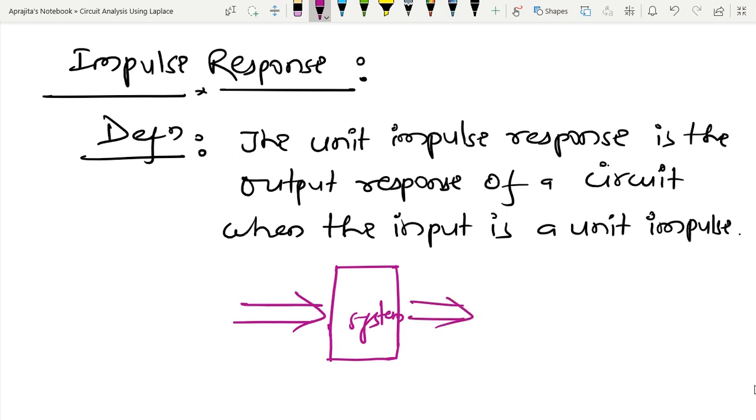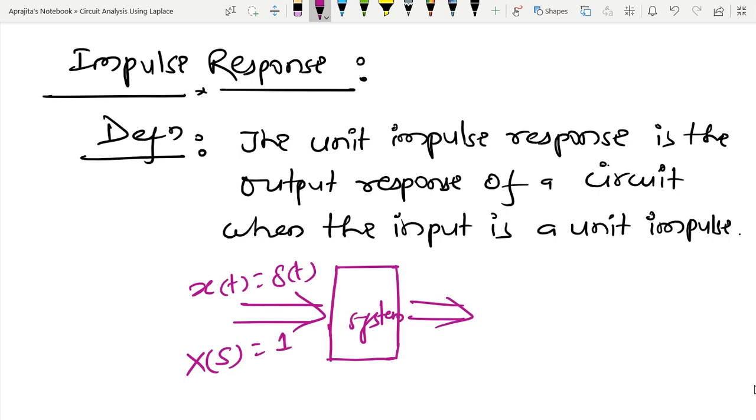And whatever input x(t) I apply, that is the unit impulse function in time domain, and we know that after applying the Laplace transform, the Laplace transform of the unit impulse function is 1.